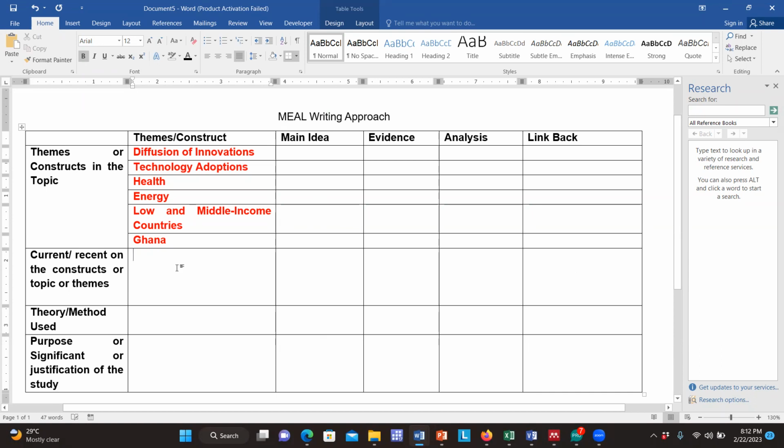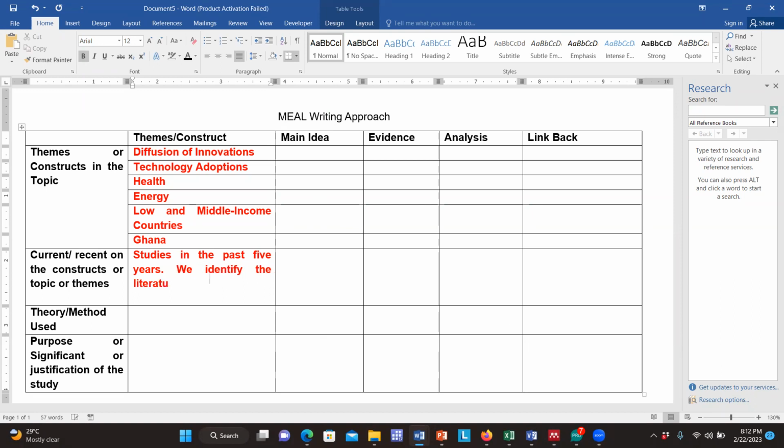Okay, so for the current or recent study, we said studies in the past 5 years. Okay, but we identify the literature gaps: theory, method, and empirical.